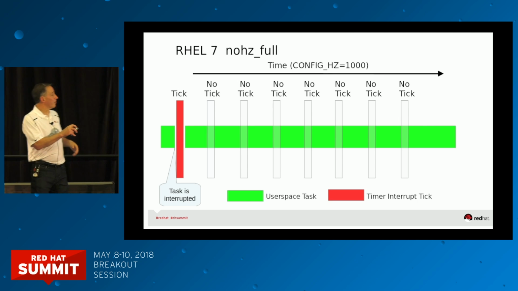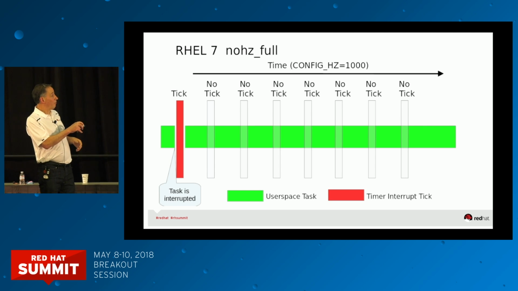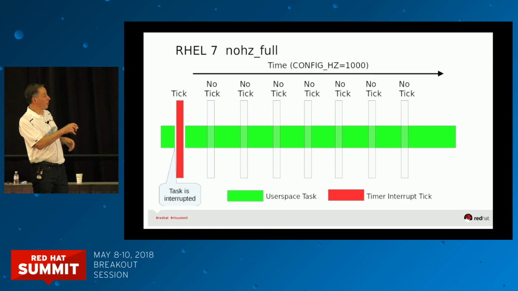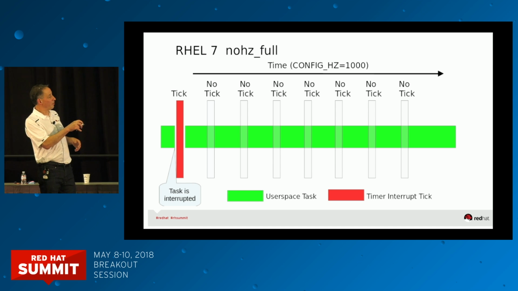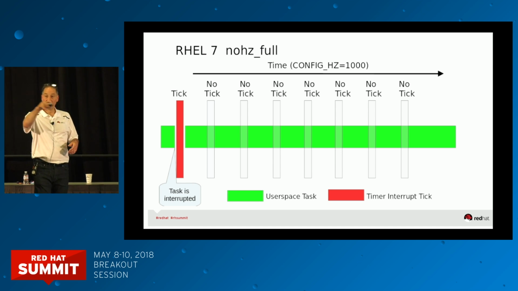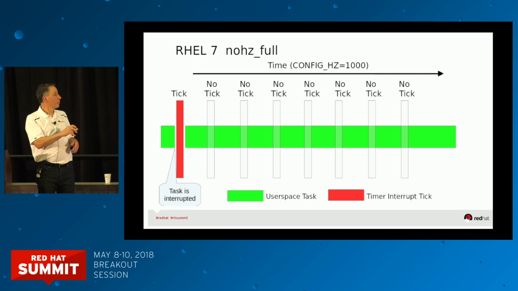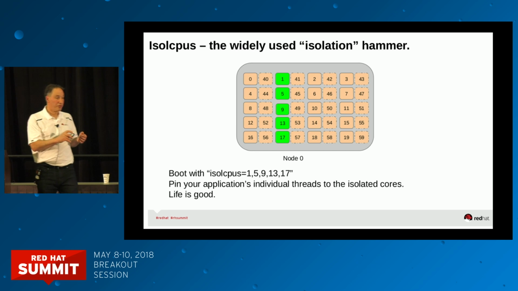So here's a graph of nohz_full. Your task is interrupted here, and then for all the times where you would have had a tick, your green user task can run seamlessly and continue running on. That not only helps with performance, but takes care of jitter.